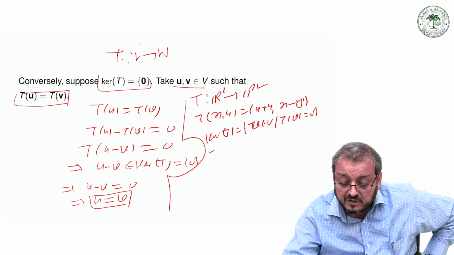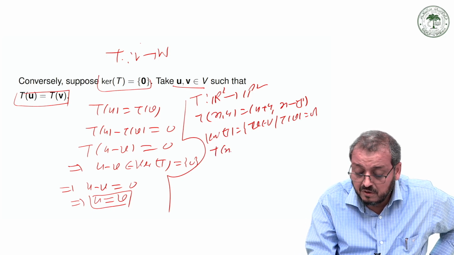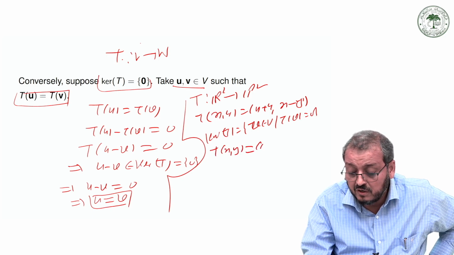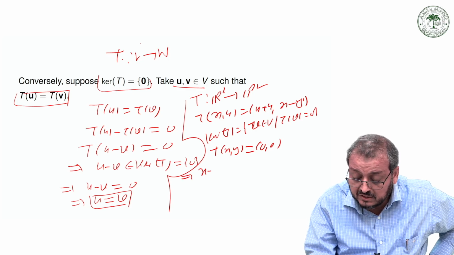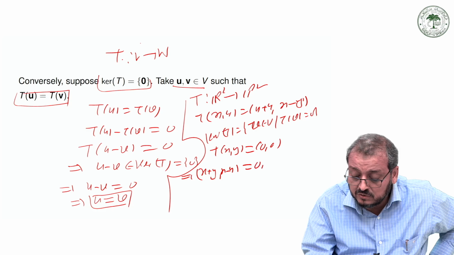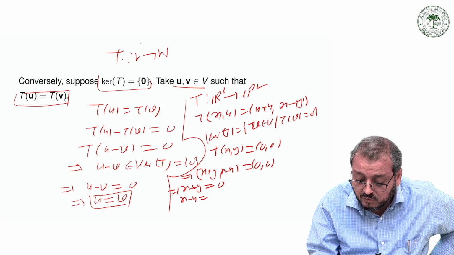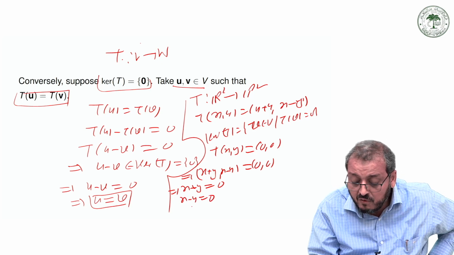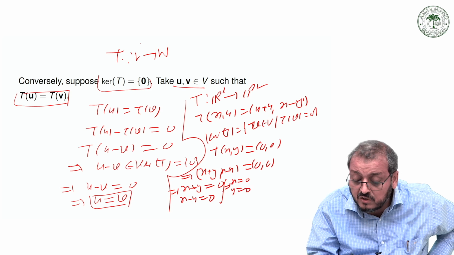So T of x, y is equal to 0 comma 0, and this implies x plus y, x minus y is equal to 0 comma 0, which is nothing but x plus y is equal to 0 and x minus y is equal to 0. If we simplify these two, this implies x is equal to 0 and y is equal to 0.